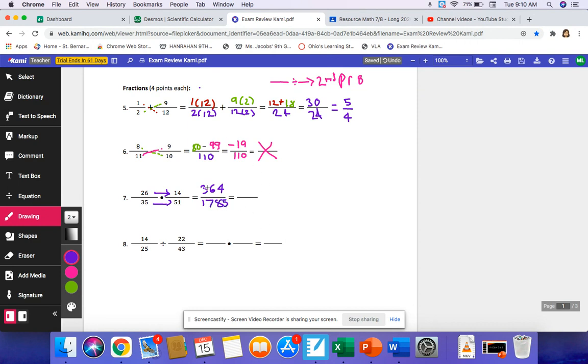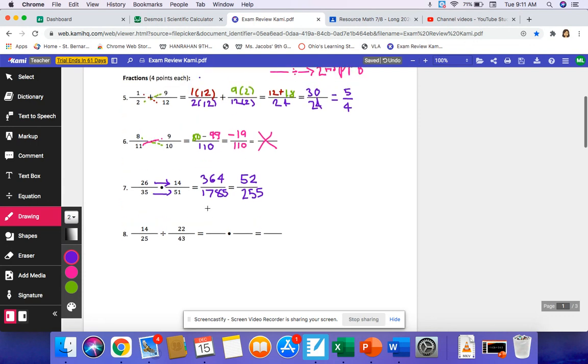Now this does reduce down, so go ahead, 364 divided by 1785, second fraction to decimal, and that gives you 52 over 255.